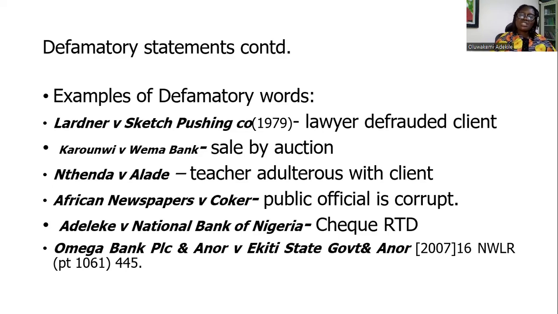So when you say a lawyer defrauded the client, it could even lead to the person being debarred. That's defamatory if you cannot prove it. We have said the same about a public official already: an allegation that a teacher is adulterous, that a public official is corrupt, and then the RTD issue. So these are some of the examples.